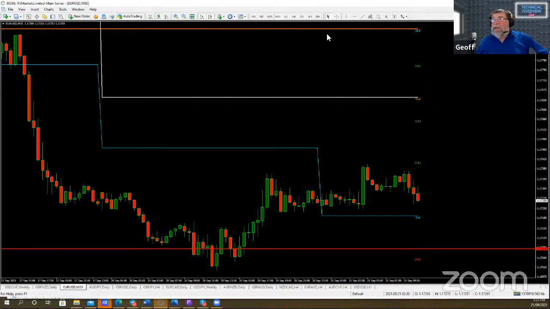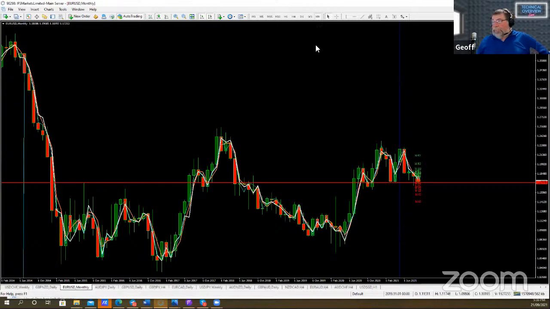And there's probably good reason for that. It's because it is the most traded currency pair, and for that reason, I believe it is probably a little bit more reliable than some of the others, certainly the exotics, which can bounce all over the place. So, euro dollar today, here's how I analyze it.